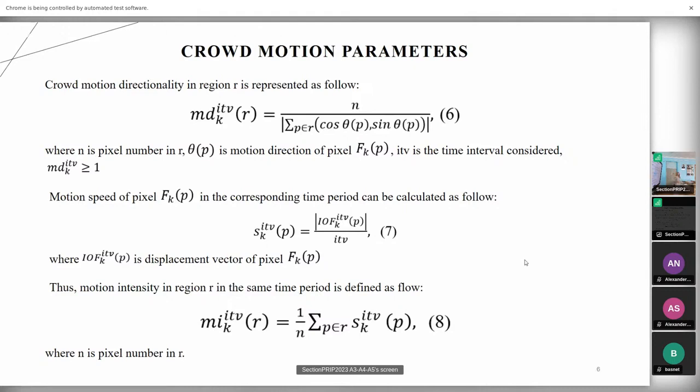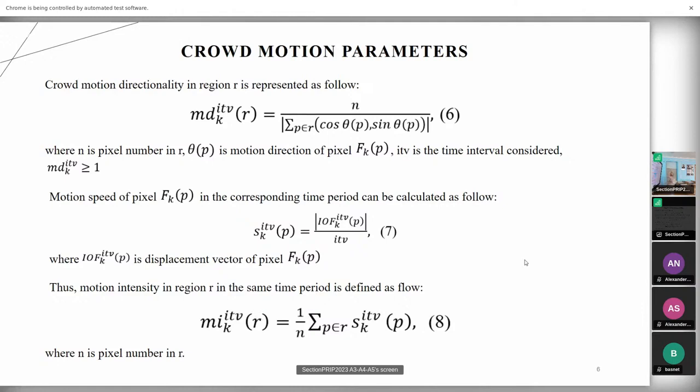Motion direction is the main destination of the crowd motion. Let's divide the interval into equal intervals, and let's count the number of pixels moving to each interval. The interval with the most pixels is the main destination or main moving direction of the crowd.